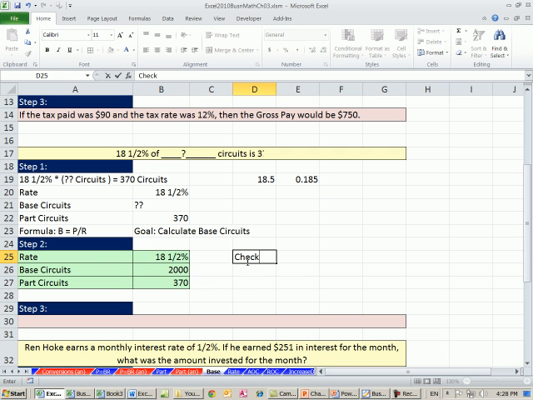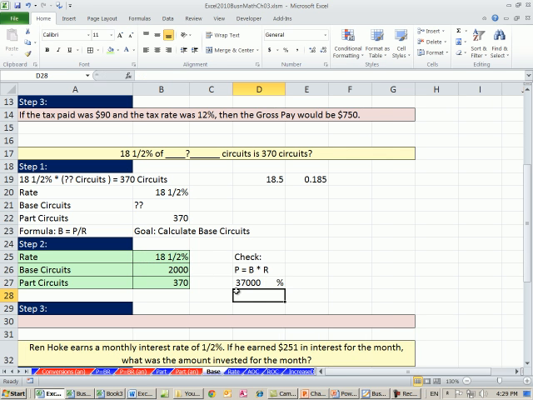I love this part. Once we get to this chapter 3 into our third section here, now we can just use our other formula. Part equals base times rate. Let's see if we can solve for this right here and get 370. I'm going to say this times this. I think since we use this one first, it'll suck that number formatting.